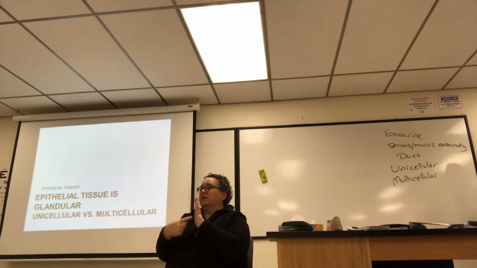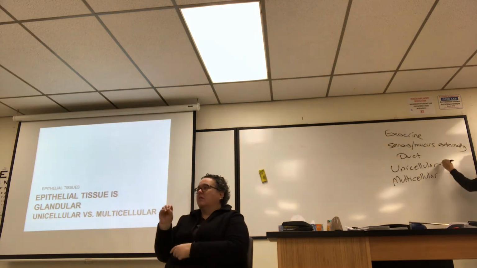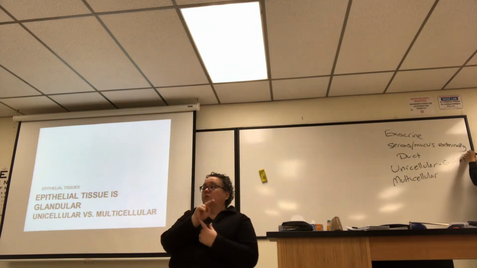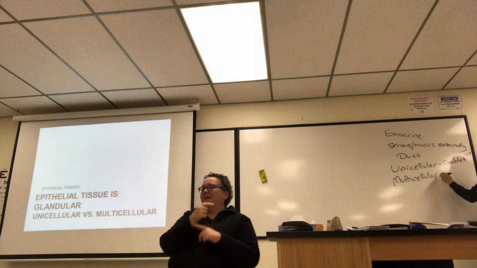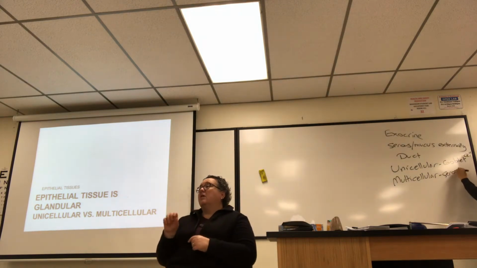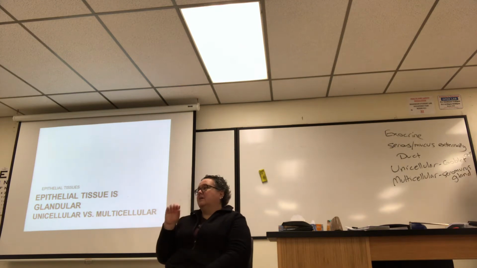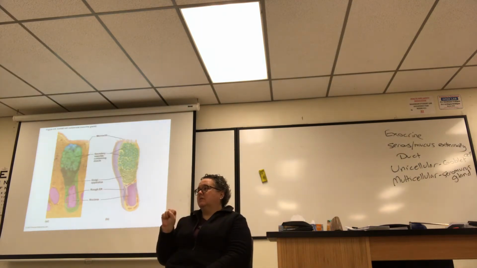The unicellular mucus gland we already looked at was the goblet cell. That's the only one you got to know. The multicellular one that we saw was a seromucus gland. So basically this picture is showing you the goblet cell in great detail. Our example of unicellular. It's one cell.